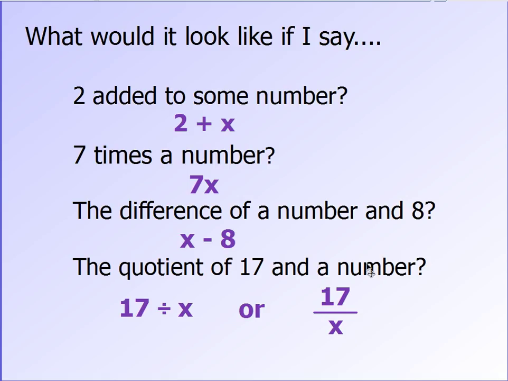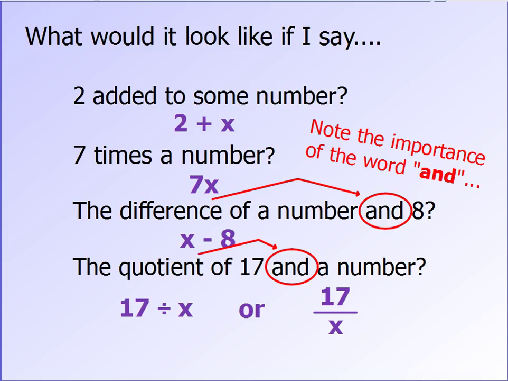Now these last two phrases, I want to just kind of caution you about the importance of the word and. Notice how the number and 8, I wrote them in the exact order that they appeared in my sentence. When I saw the word difference and I knew there had to be some subtraction, I put the subtraction sign in place of the word and.